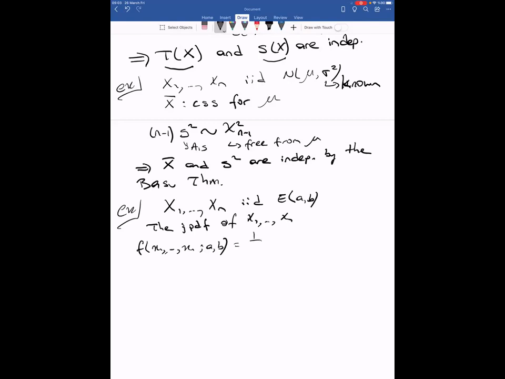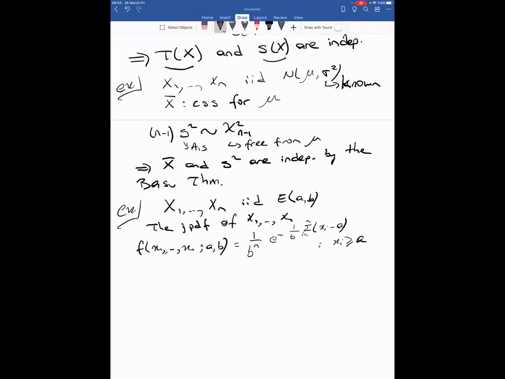So we have 1 over b to the n, e to the minus 1 over b, summation of xi minus a, i from 1 to n, and xi are greater than or equal to a. So this is the joint distribution.